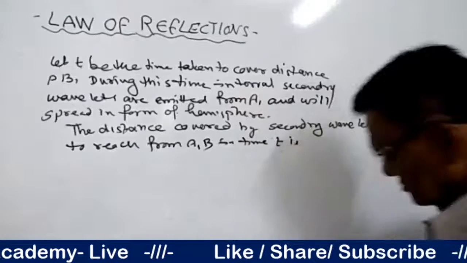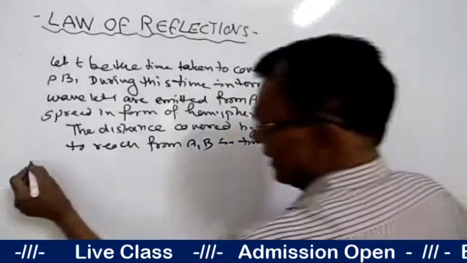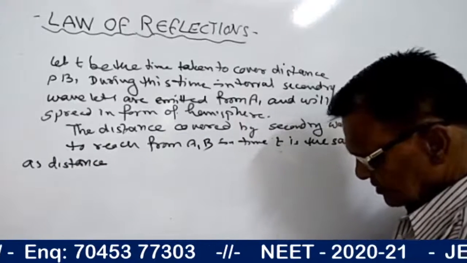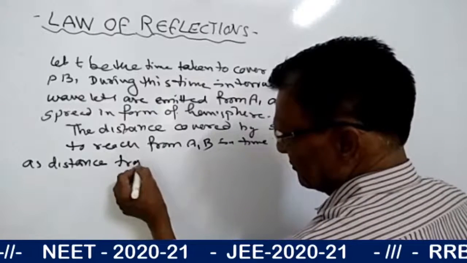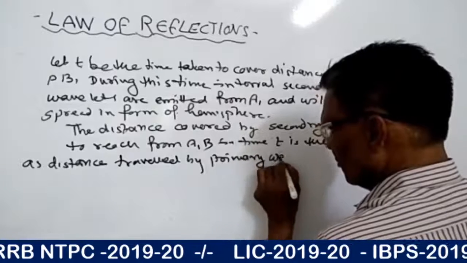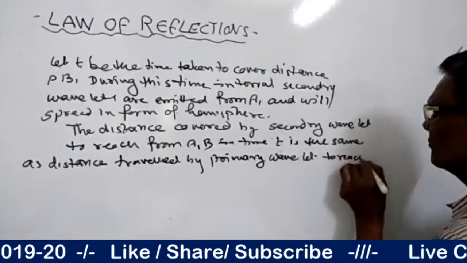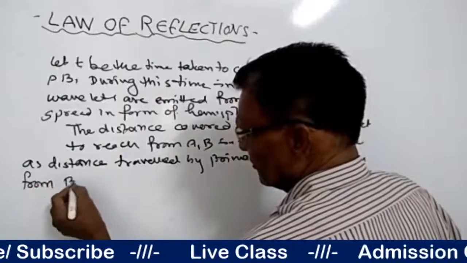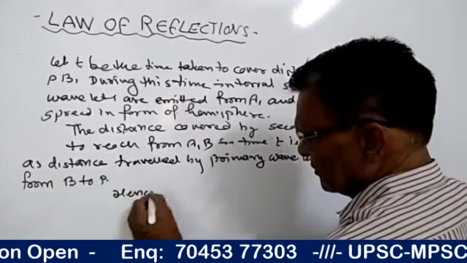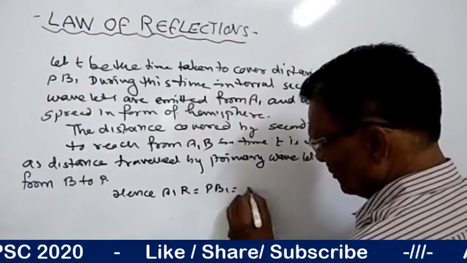Time t is the same as the distance traveled by the primary wavelet to reach from B to P. Hence we can say A1R equal to PB1 equal to CT.